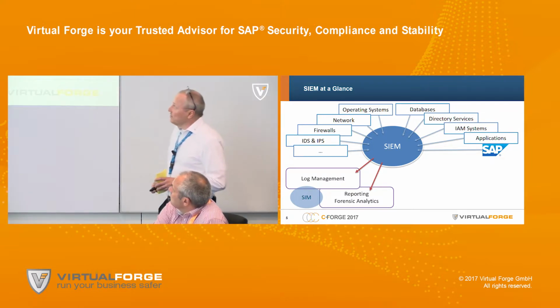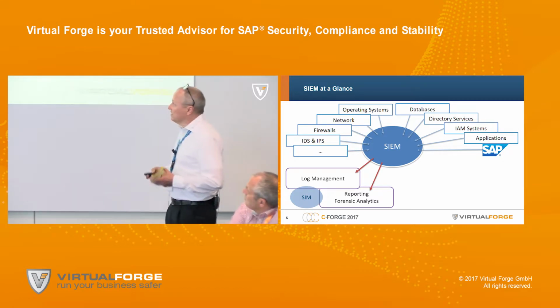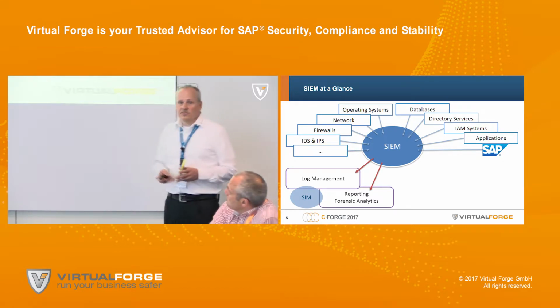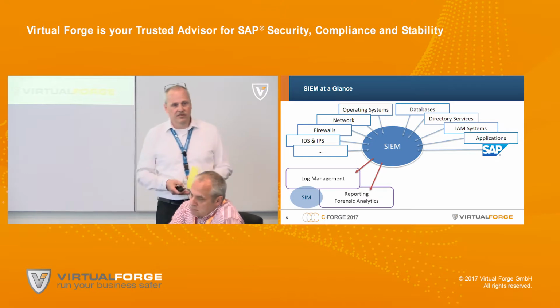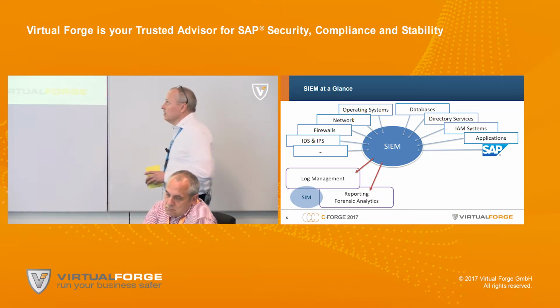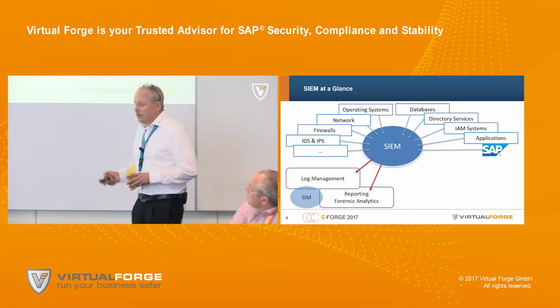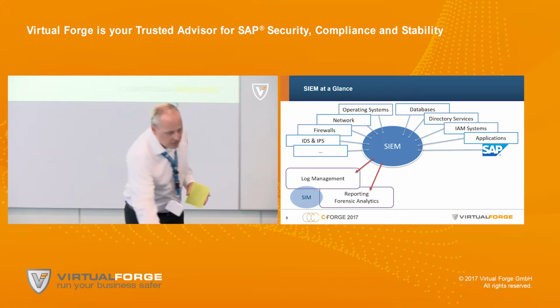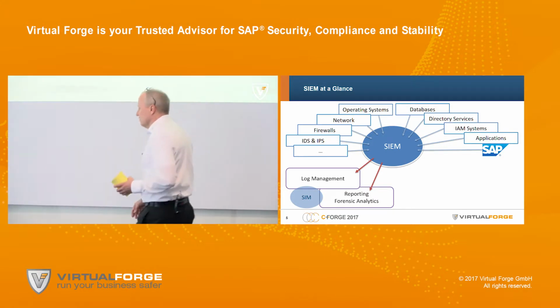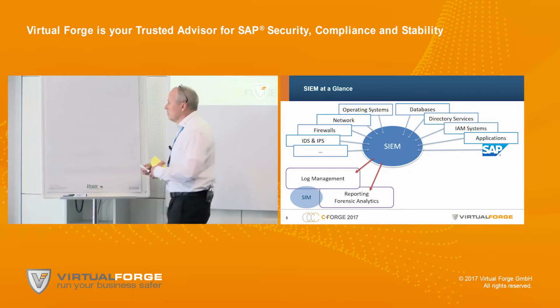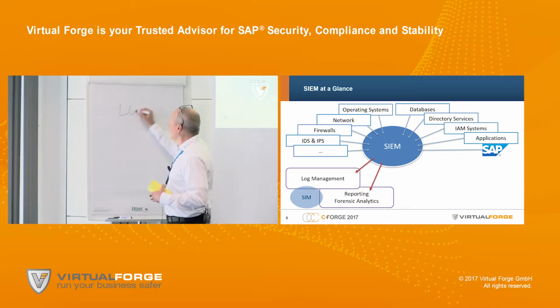Okay, based on this input and based on this data, a SIEM system provides different types of functionality or functions, which is a log management. So a SIEM system is all about logs. That's important to know. It reads and consumes logs.